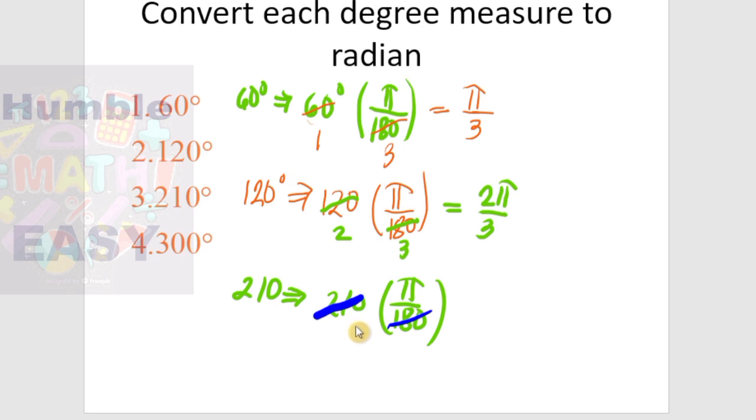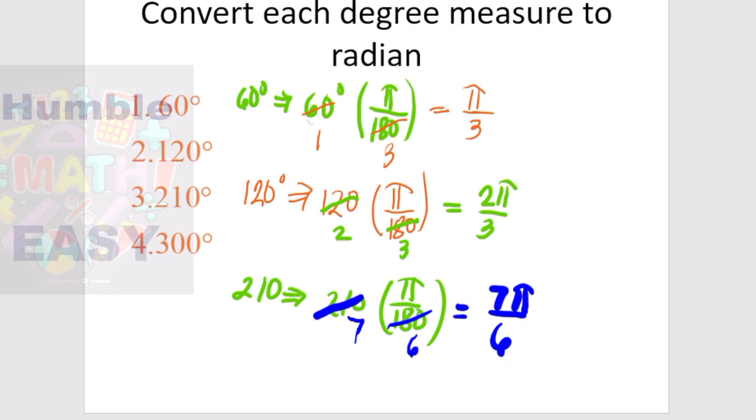So 210 divided by 30 is 7, then 180 divided by 30 is 6. So we now have 7 pi over 6, as we know it.